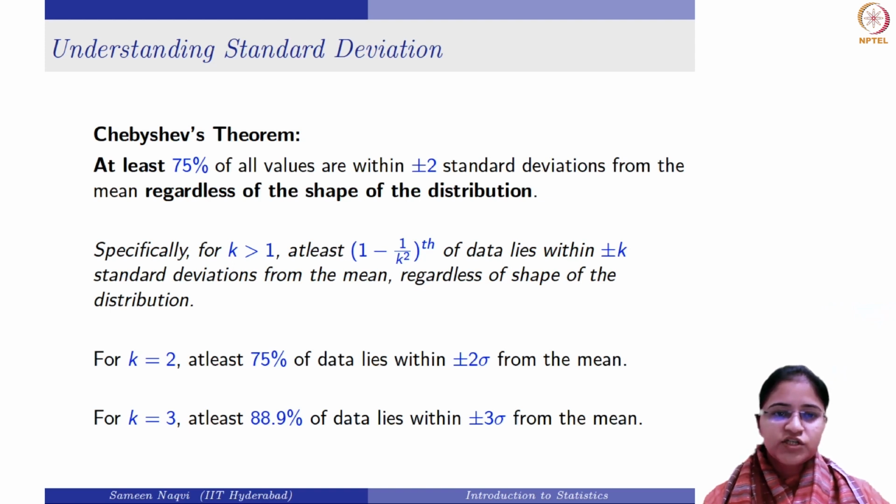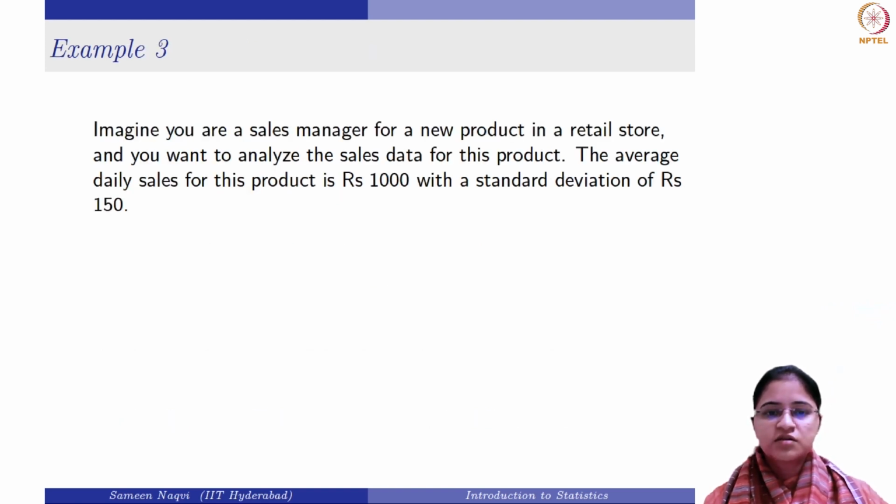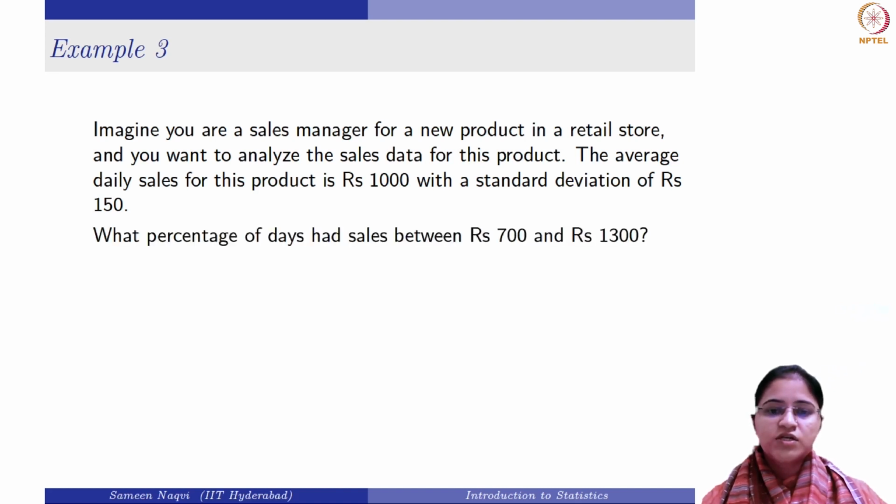To see an application of this, consider that you are a sales manager for a new product in a retail store and you want to analyze the sales data. The average sales for this product is rupees 1000 with a standard deviation of 150. What percentage of days had sales between 700 and 1300?